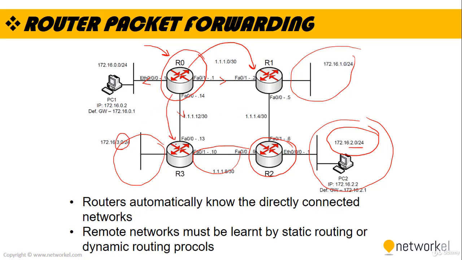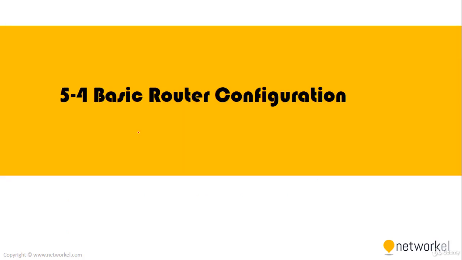I can manually configure this, or I can use a dynamic routing protocol saying that if you want to go to here, use the EIGRP protocol. If you want to go here, use the OSPF protocol or something like that. I'm gonna show you in much more depth in our later sections.